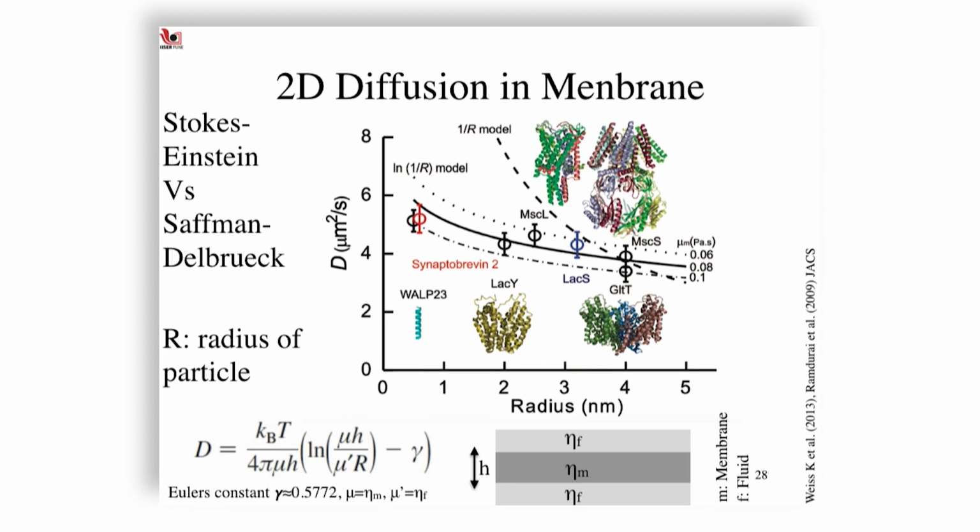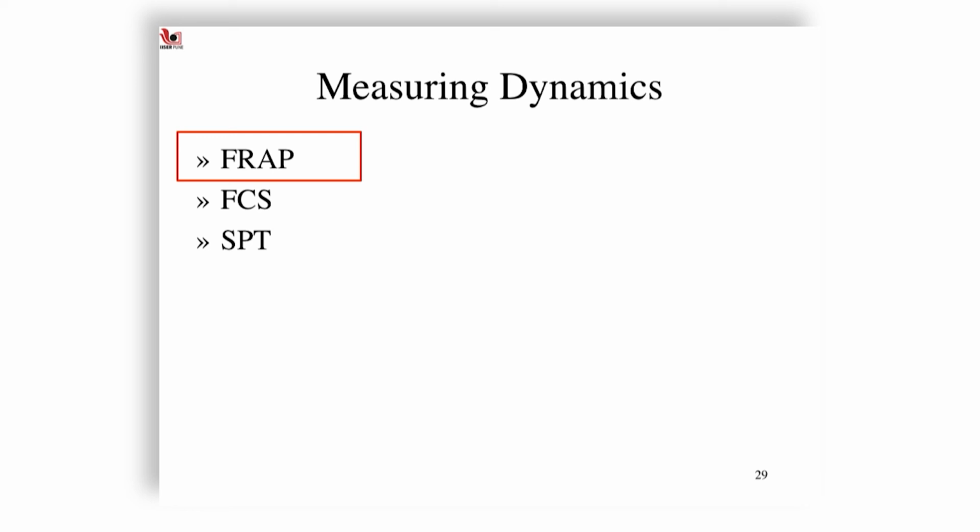In other words, their diffusion coefficient is not as high as expected from Stokes-Einstein theory. Dynamics in membranes can be measured using fluorescence recovery after photobleaching, fluorescence correlation spectroscopy, and single particle tracking.